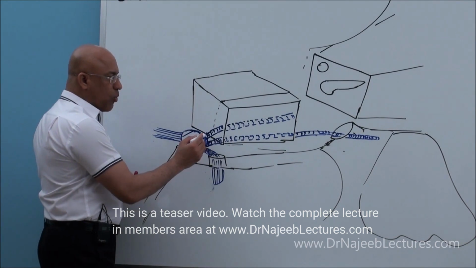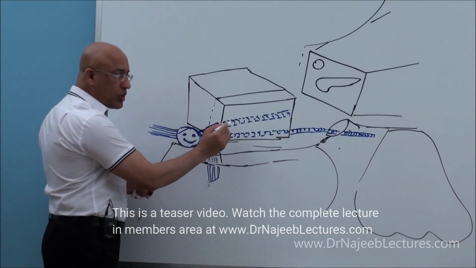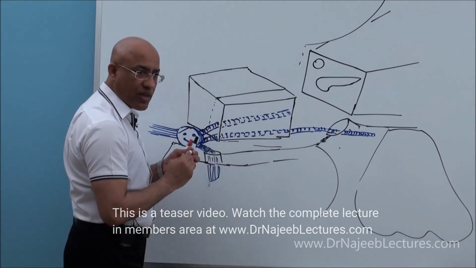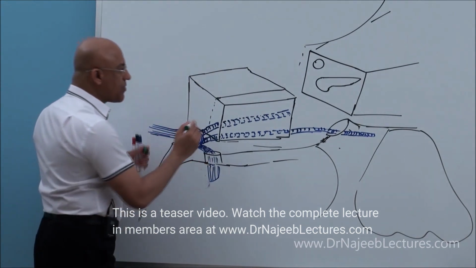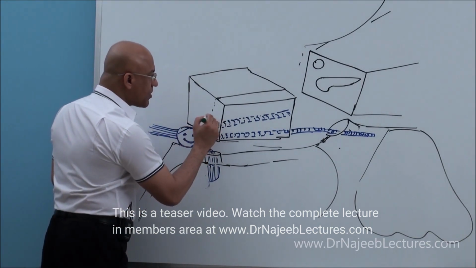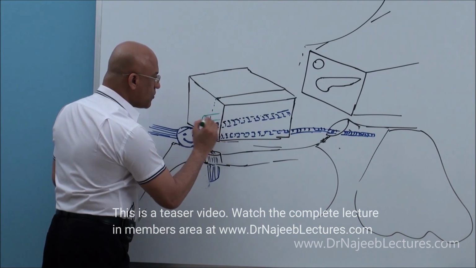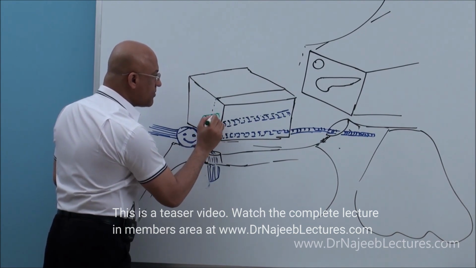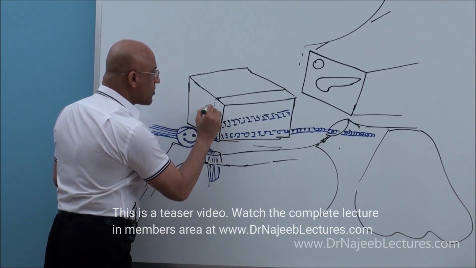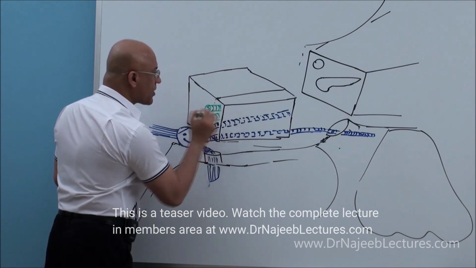The ophthalmic nerve, while it is passing through the lateral wall of the cavernous sinus, is inferior to the fourth cranial nerve and third cranial nerve.